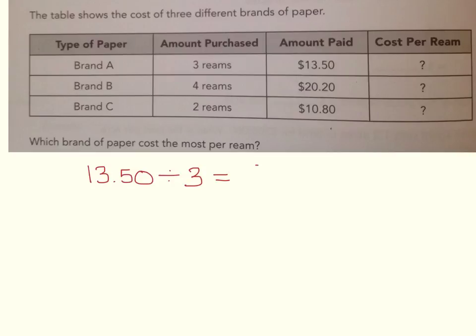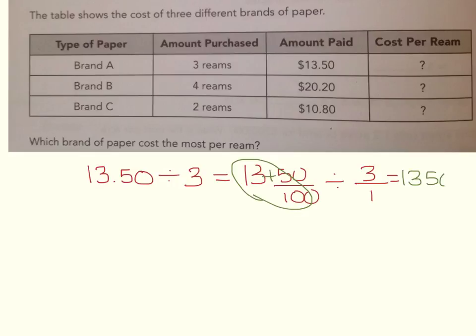So we have 13 and 50 hundredths divided by 3/1, which equals 13 times 100 is 1,300, plus 50 is 1,350 over 100 divided by 3/1. So following the rules for dividing fractions, we have to keep the first one, and flip the second one, and then change to multiplication.